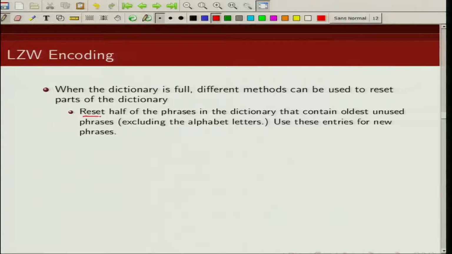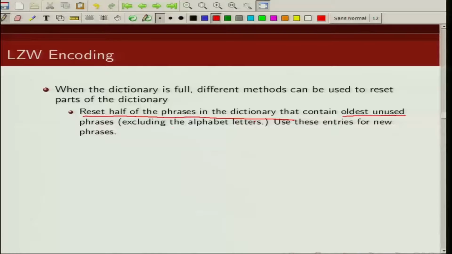We can reset half of the phrases in the dictionary that contain the oldest unused phrases. So phrases which have been there in the dictionary but are not appearing in the new phrases, those old phrases can be reset. That will create space for entering new phrases.